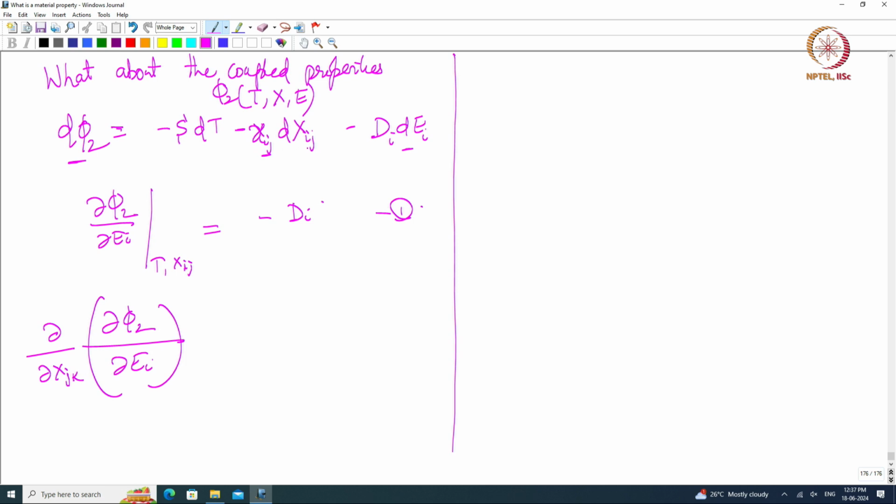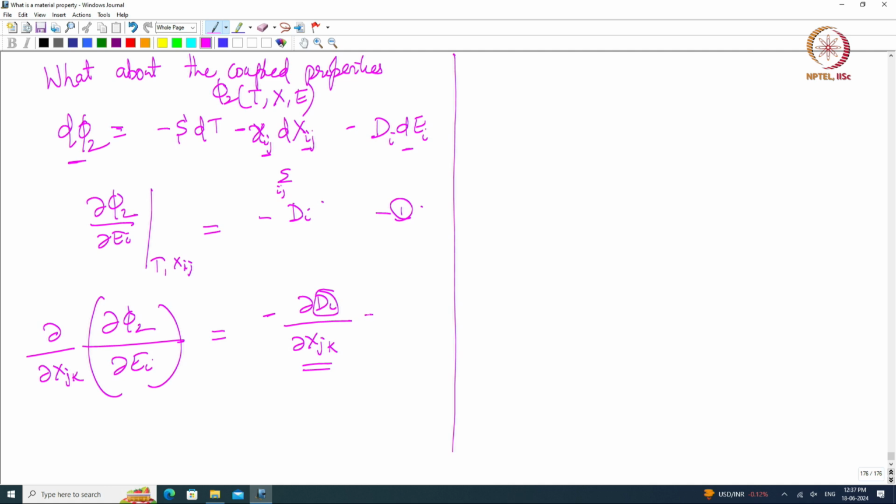So x ij also has its summation over ij, so all the j, k, kl, everything will come in here. So, what is that? That is minus dou di by dou xjk, right. I am applying a stress xjk, x12 or x22 or whatever it is in the stress tensor, and I am generating a polarization, right.